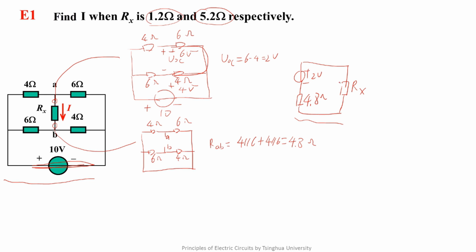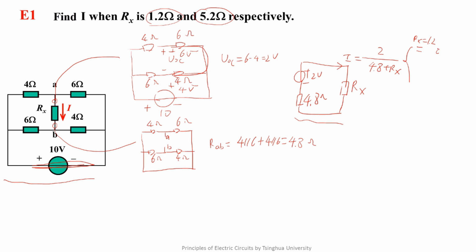So, the voltage and the current of the Rx branch in the right circuit are the same as those in the left circuit. Well, the current I equals 2 over 4.8 plus Rx. When Rx is 1.2 ohms, the corresponding current is 0.333 ampere.